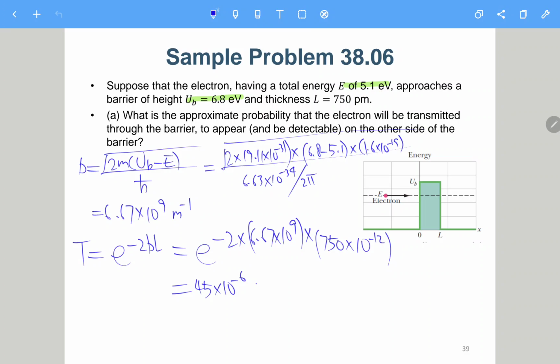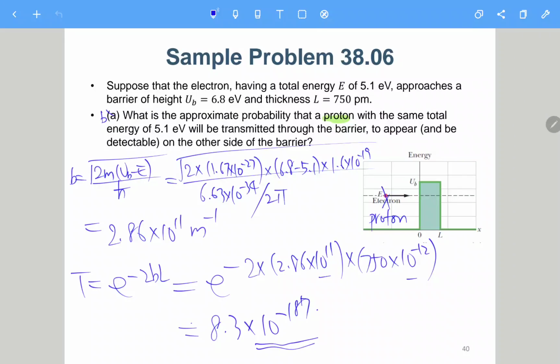Here, for a million electrons, there are still 45 electrons that can go through, but here, this is 10 to the negative 187 power. Only 8.3. This is really, really small. You would need to win the lottery many times consecutively to get this probability. So you can imagine that.